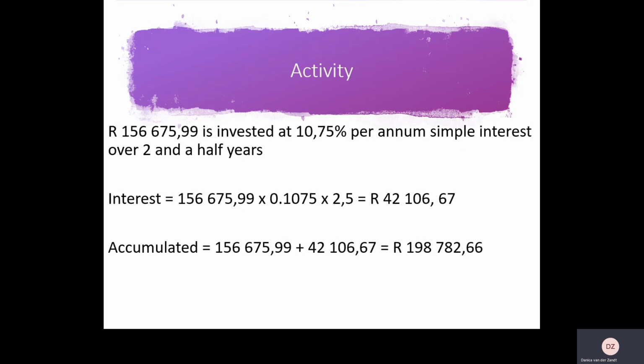Probably, because if you try and put the 2 and then next to it the half, you would have to say 2 plus a half, and then times it by 0.1075 times 156,675.99. And then it would give you the correct answer. So you have to be very careful with a mixed fraction.